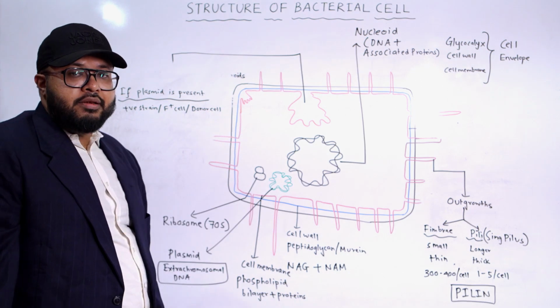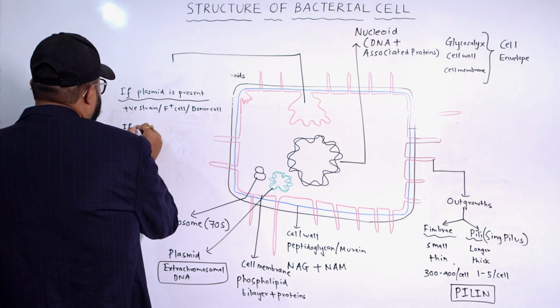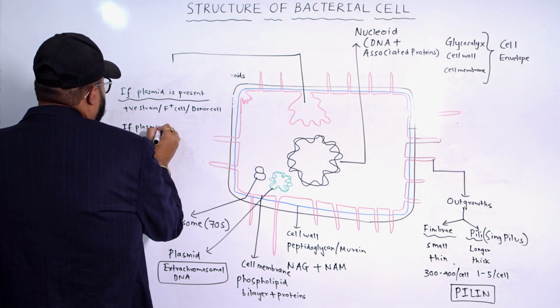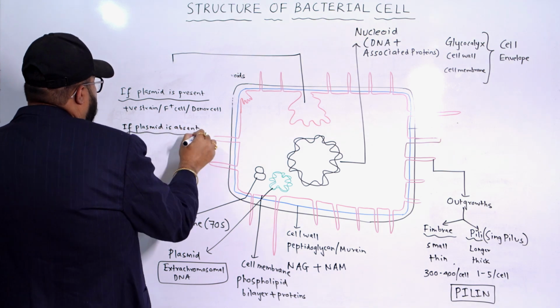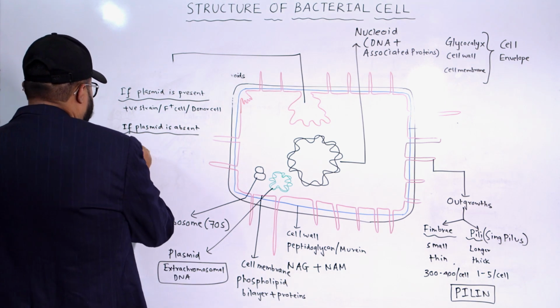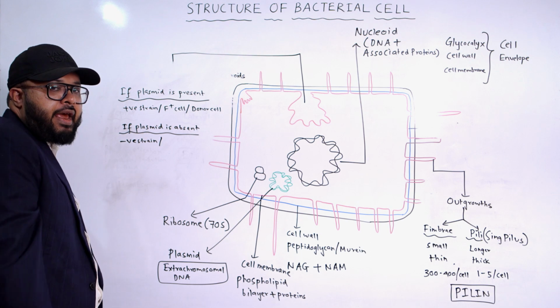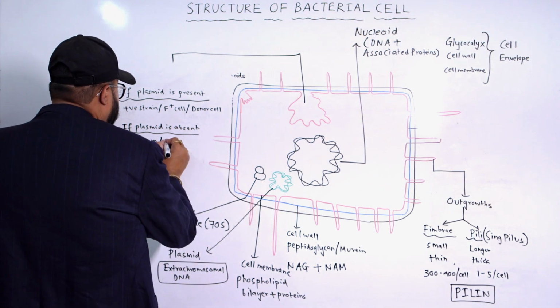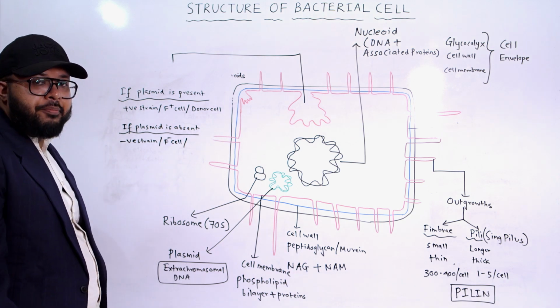If plasmid is absent, then the bacteria is said to be of negative strain, or F minus cell, or recipient cell.